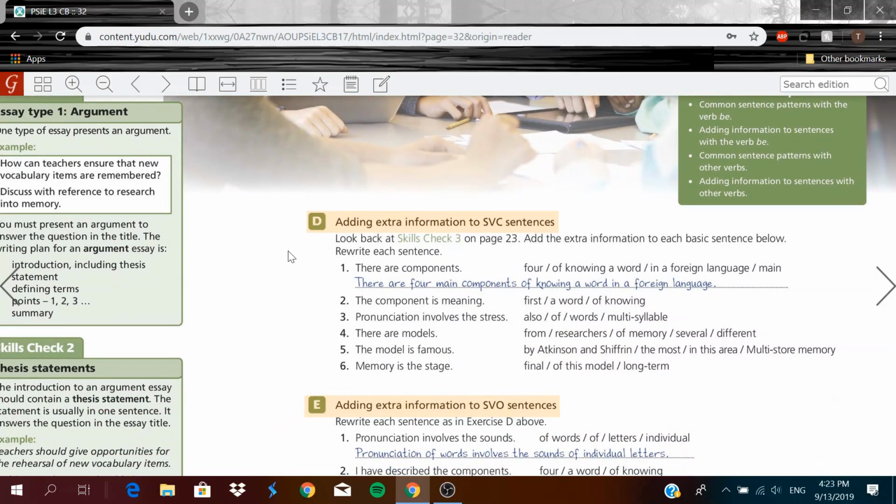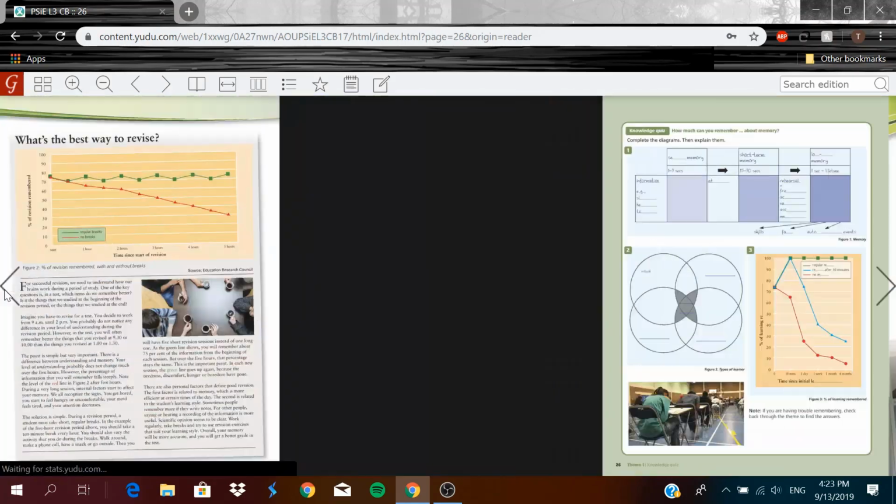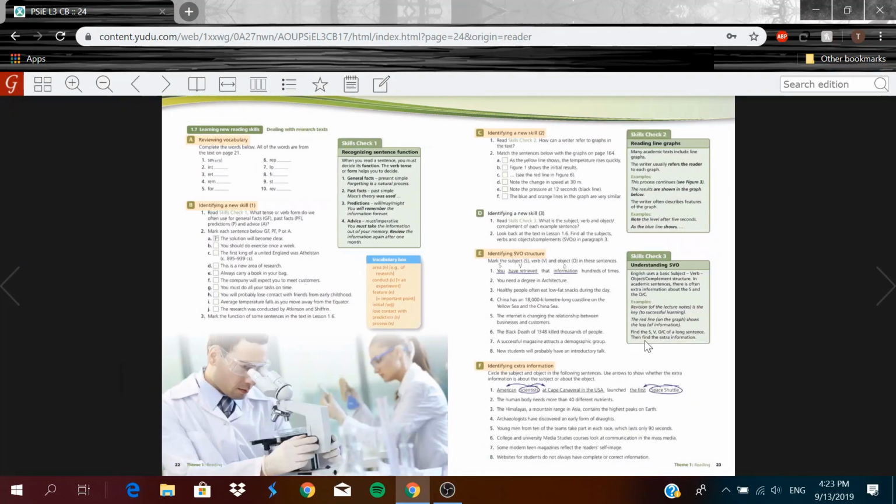Okay? So now that we got done with exercise C, let's go to exercise D, adding extra information to SVC sentences. And you guys remember SVC sentences? I'll go back in a second. Look back at skills check 3 on page 23 and add the extra information to each basic sentence below, and write or rewrite each sentence. So let's go back for a second, page 23, just so we can have a refresher.